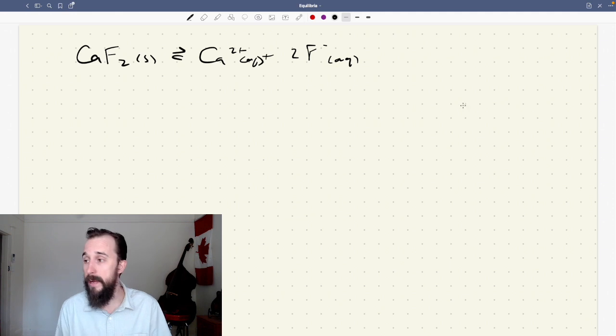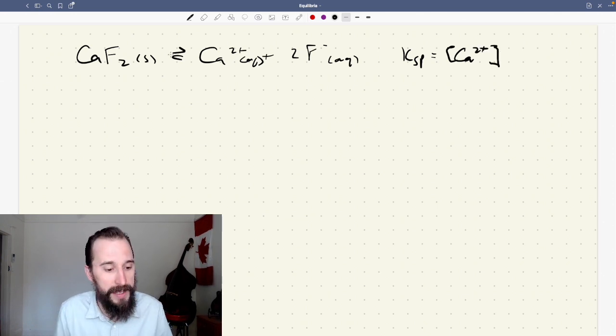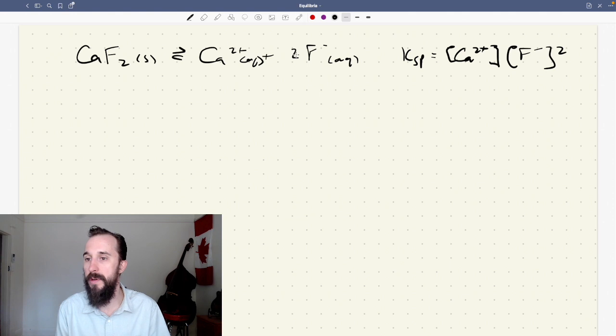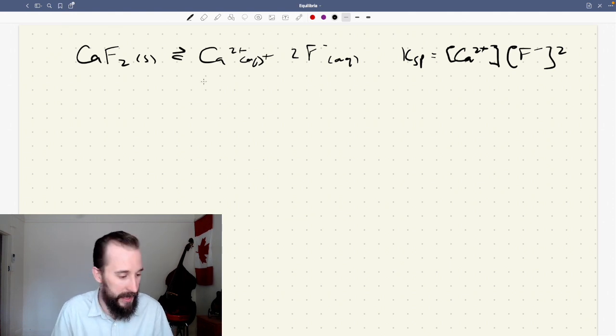So if we're writing an equilibrium expression here, our KSP is going to be the concentration of the Ca2+, stoichiometric coefficient just 1, so to the power of 1 is itself, multiplied by the F- to the power of 2, because we have that stoichiometry to take into account.